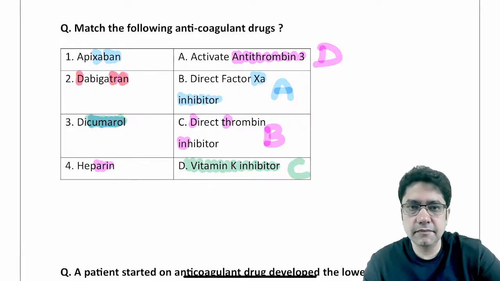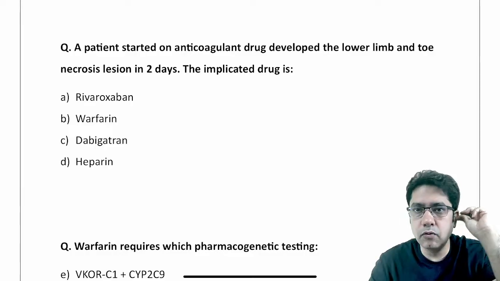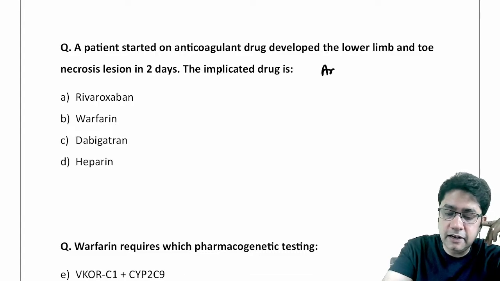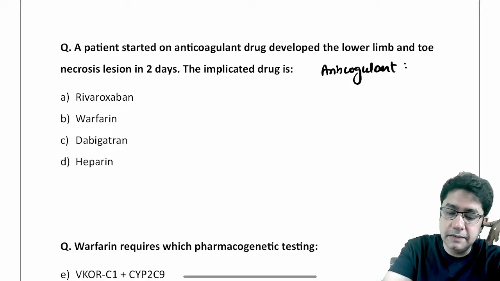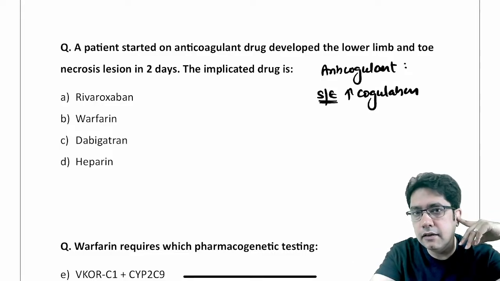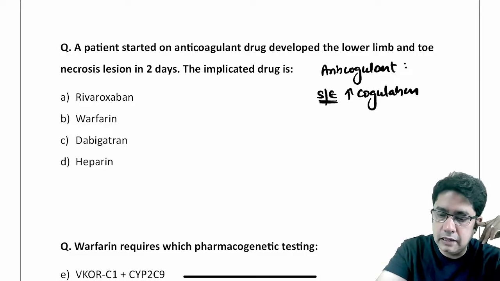Fine, that's great. So a patient was started on an anticoagulant drug. He developed lower limb and toe necrosis in 2 days. The implicated drug is? Remember, there are certain anticoagulant drugs which sometimes have a side effect of increased coagulation, which can lead to limb necrosis.